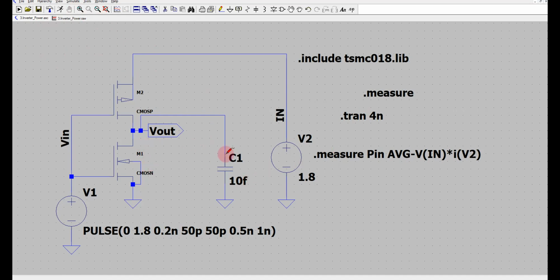So with respect to the inverter, I think we have covered everything: how to measure delay, how to measure static power, how to measure dynamic power. We have seen the effect of changing the size of the transistor and how the VTC shifts, and the effect of adding a capacitor, which increases the delay.